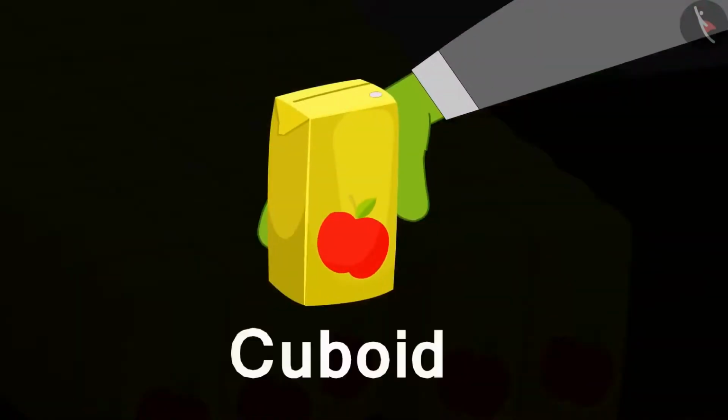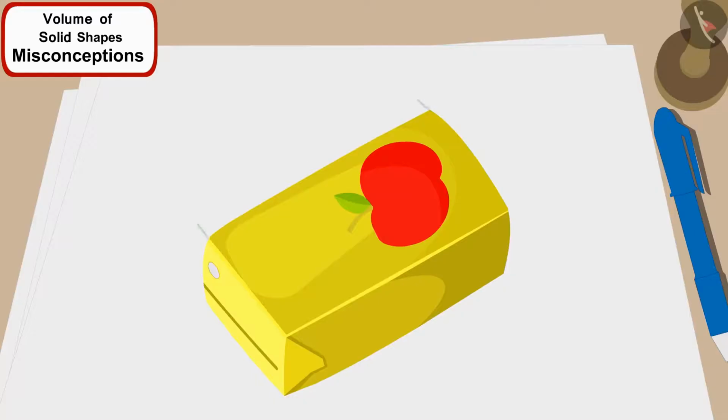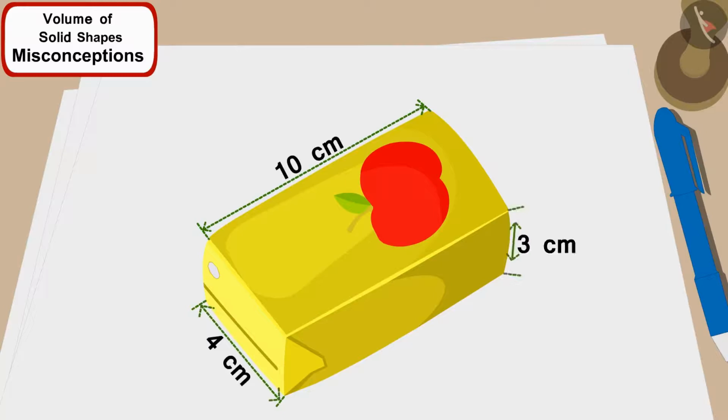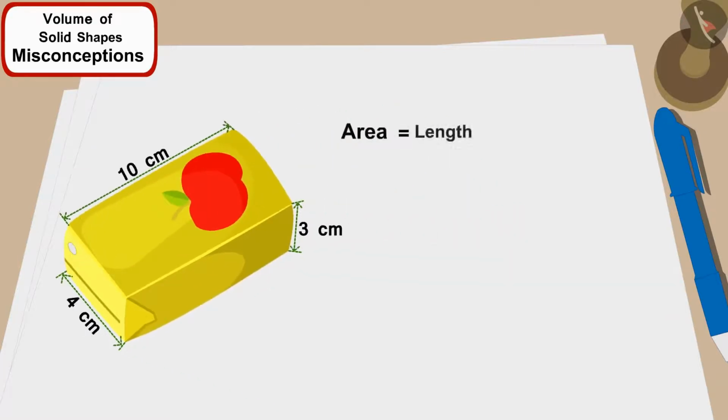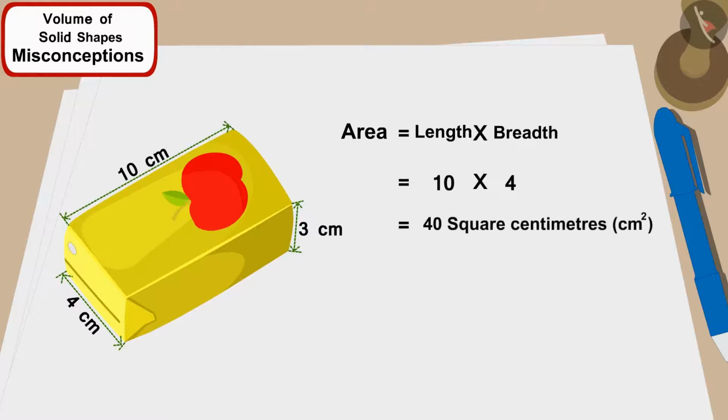Each juice box is cuboid shaped with a length of 10 centimeters, width of 4 centimeters, and a height of 3 centimeters. That means the bottom layer of each juice box, that is, the length times the width, is 10 times 4, which is equal to 40 square centimeters.